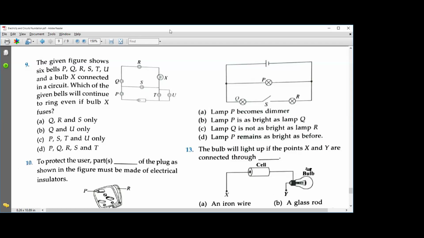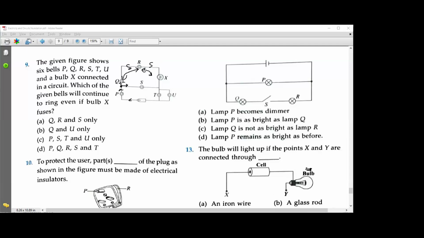There are 2 types of connection, series and parallel. Series means connection end to end, like Q and R are in series connection, then R and S are in series connection. Now the current which starts going from here will divide at this particular joint in this and this direction.